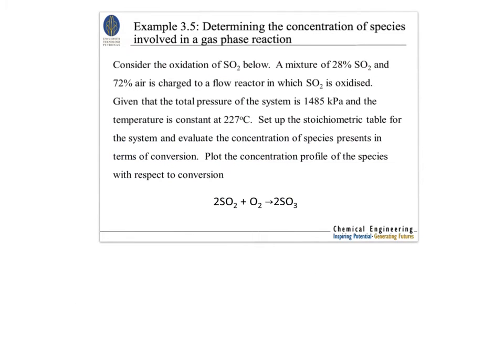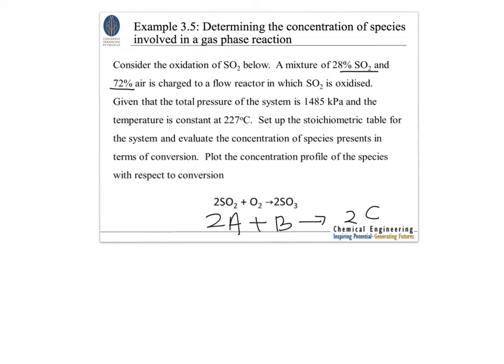Okay, so let's look at this example 3.5, determining the concentration of species involved in a gas phase reaction. You are given the reaction of 2 SO2 plus oxygen to produce 2 SO3. A mixture contains 28% of SO2 and air. So you have 2A plus B producing 2C.